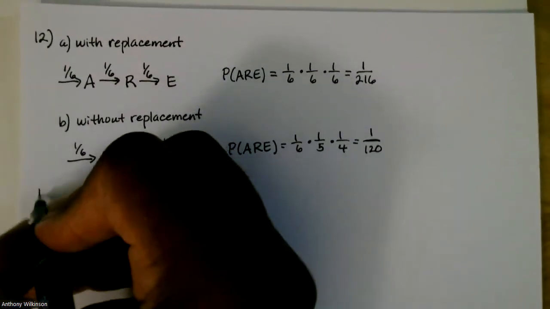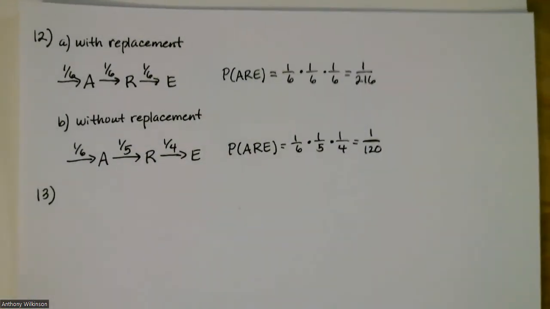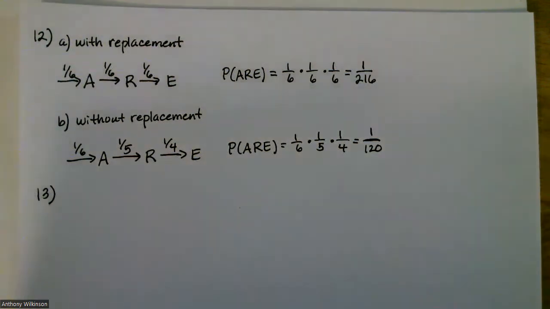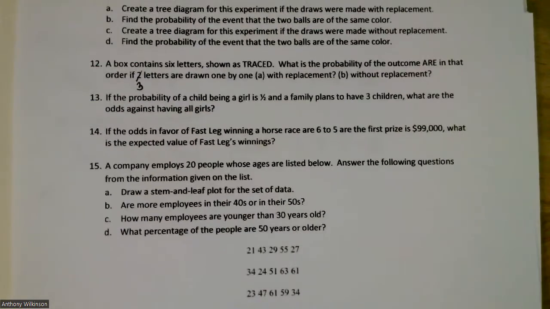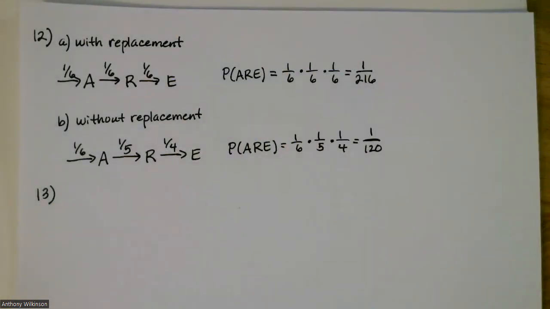All right, problem number 13 is this. If the probability of a child being a girl is 1/2, and the family plans to have 3 children, what are the odds against having all girls? Okay, so let's find the probability of having 3 girls.